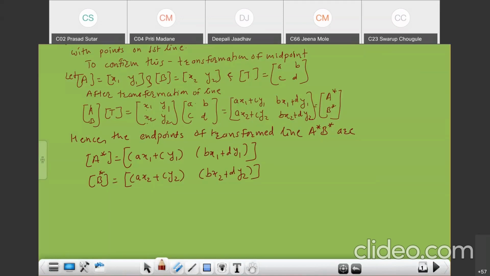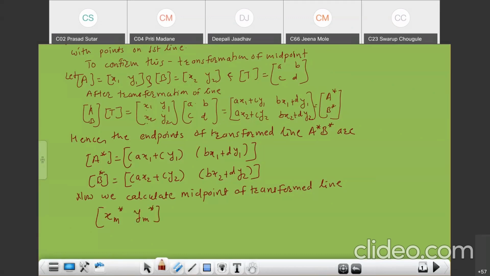Now we calculate the midpoint of the transformed line. We calculate the midpoint of the transformed line using these endpoints. Endpoints are available. So I write here for midpoint xm star because these are the midpoint of transformed line.